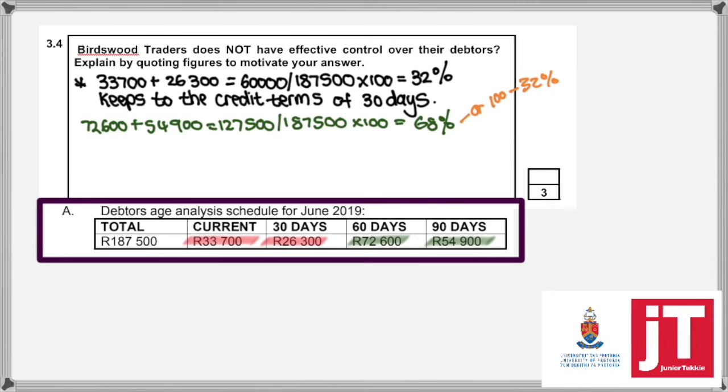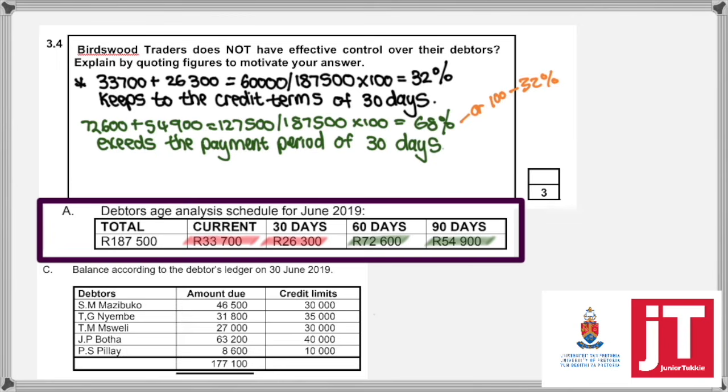You could have also said, once you've calculated the 32%, 100 minus 32 equals the 68%. Remember, the total debt equals 100%. If I add those two together, it should equal 100%. This means that 68% exceeds the payment period of 30 days.